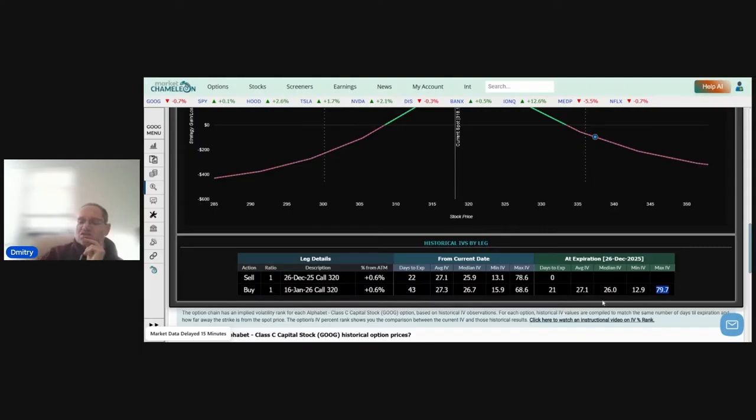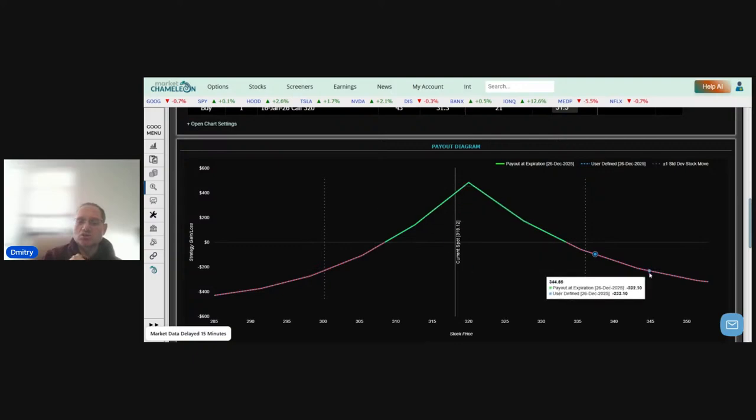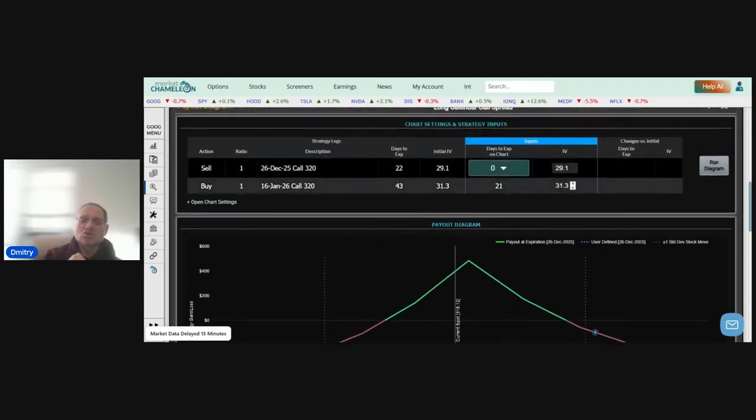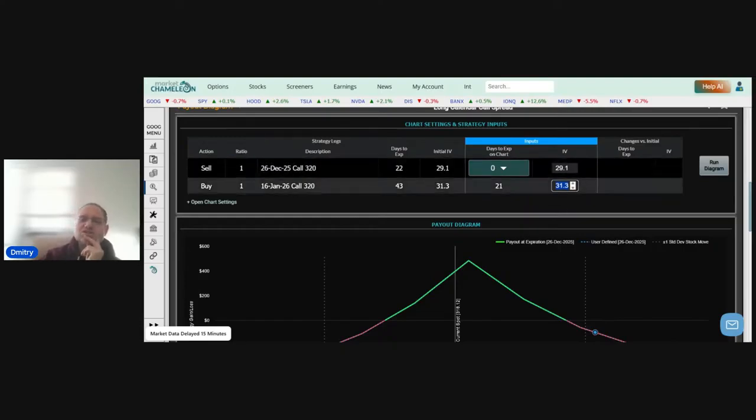So what if we said at the first expiration, 22 days, if we fast forwarded and the implied volatility reverted to its average, where these implied vols tended to be, 27.1, what would this graph look like? So we come up here and we change this 31.3. That's the current volatility. And let's say it does fall to 27.1 on December 26th.